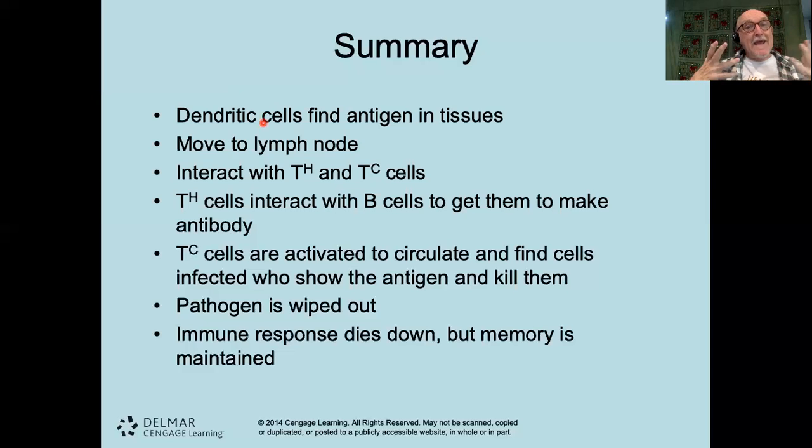But you may continue to produce antibody for quite some time afterwards. But eventually, the amount of antibody that you're producing tails off. But you always maintain memory. You maintain a memory of that entire sequence of events, so that if ever you're exposed to that same antigen, you get an immediate immune response. You don't have to wait that 5 or 10 days.